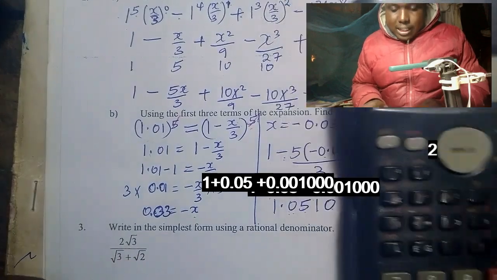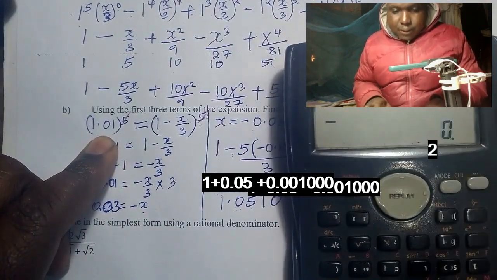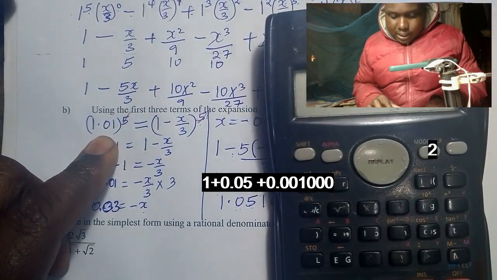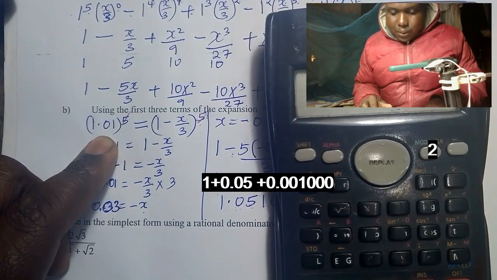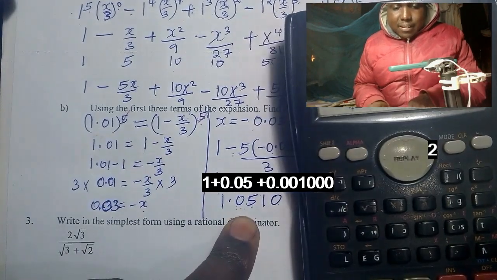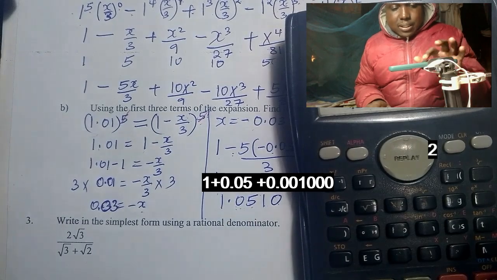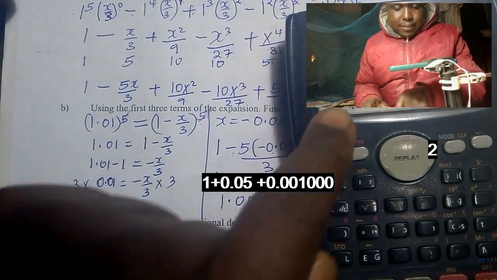So you put your calculator there and press 1.01 raised to power 5. And then you confirm that you have done the right thing. It's the same.